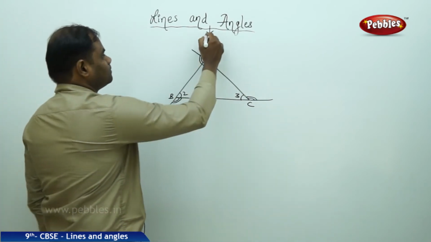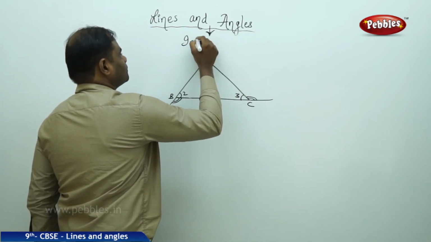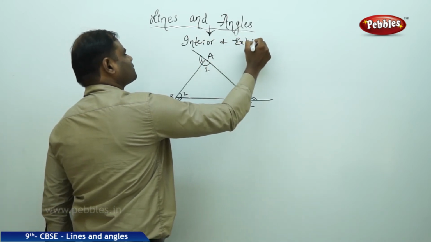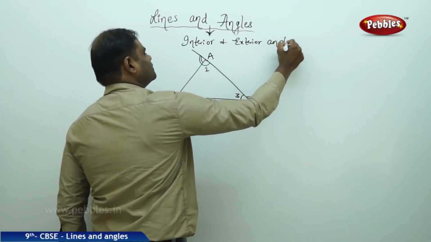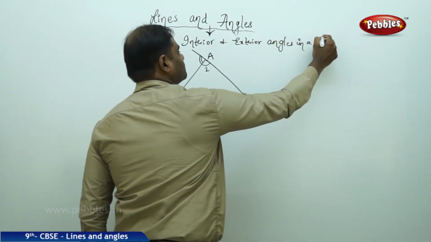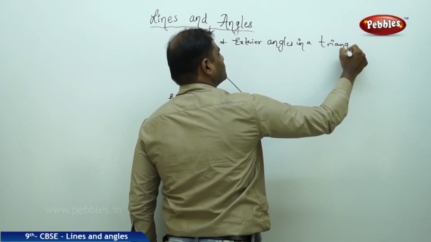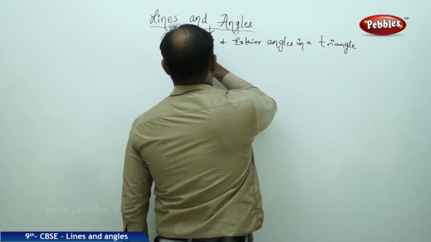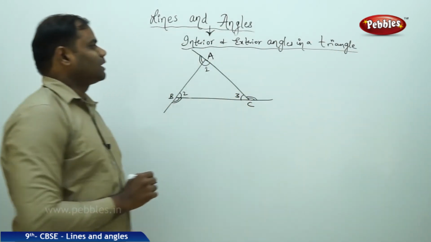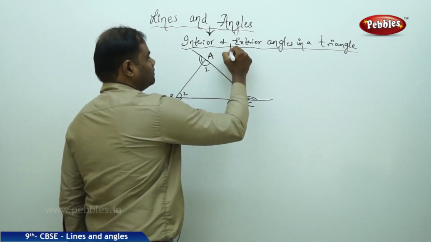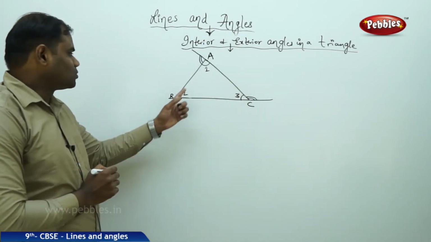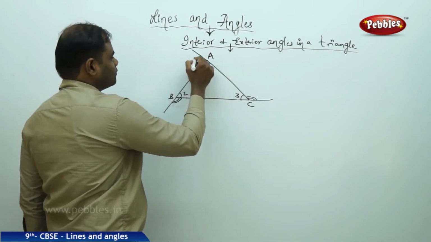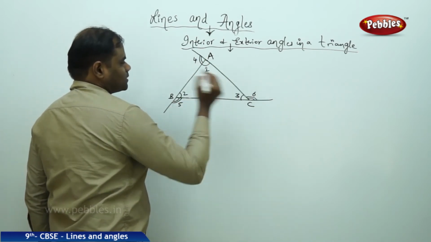Now here we define interior and exterior angles in a triangle. So I have 1, 2, 3 which are interior, and I have 3 exterior angles out here which are 4, 5 and 6.